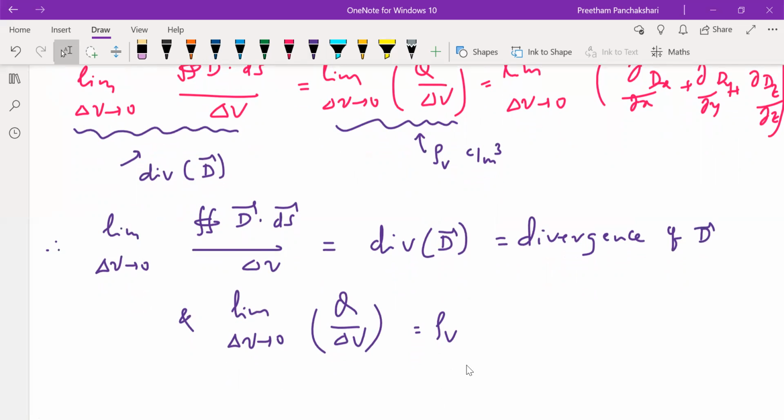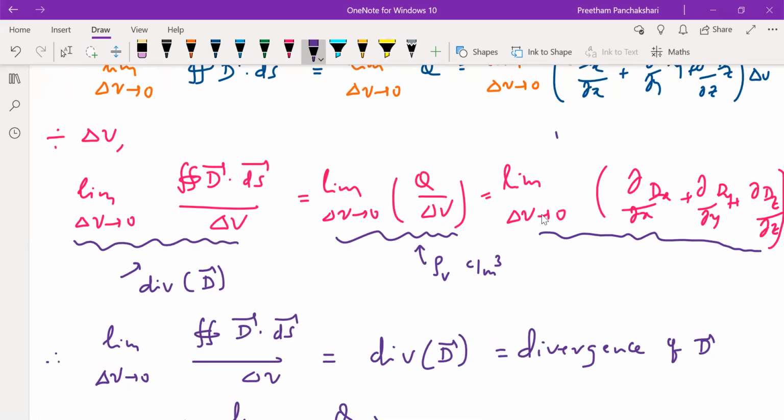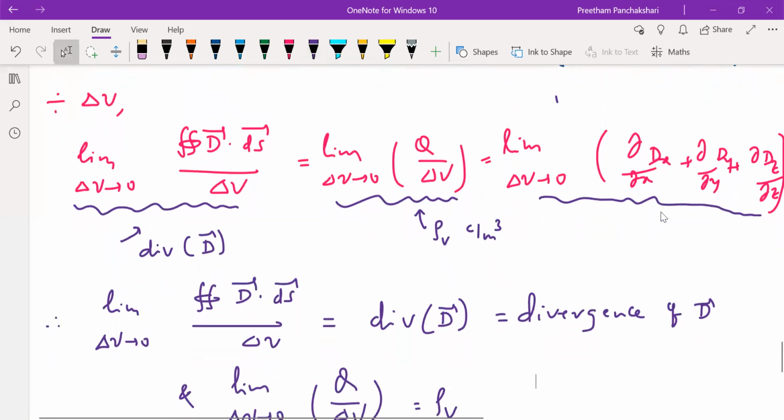Whereas in the last term of the equation, if you observe carefully, we have to apply the limit delta v tends to 0, but in the terms within the bracket, there is no delta v at all. So the term is independent of volume, and the limit can be dropped here.